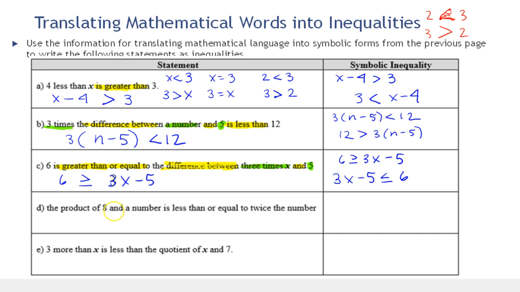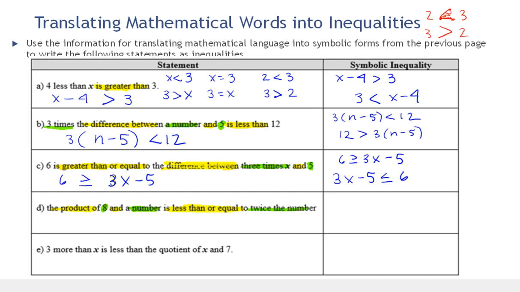The product of 8 and a number is less than or equal to twice the number. Okay, so here's our comparative. This is our left-hand side. This is our right-hand side. Okay. The left-hand side is the product of, here's my "and", it's 8 and a number, and the right-hand side is just twice a number or 2 times a number.